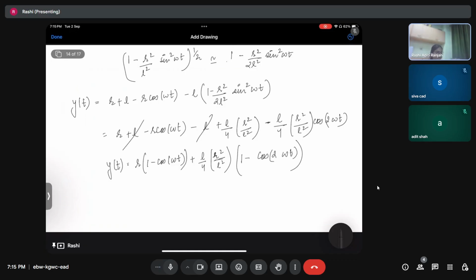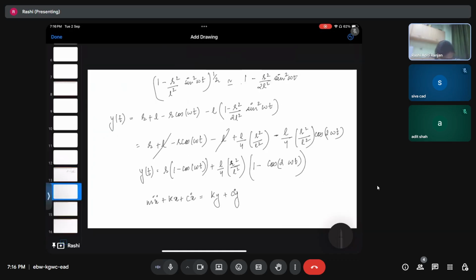So now, if we write the final equation, which was mx double dot plus kx plus cx dot is equal to ky plus cy dot. What are we going to get? Okay, maybe I should use another slide.